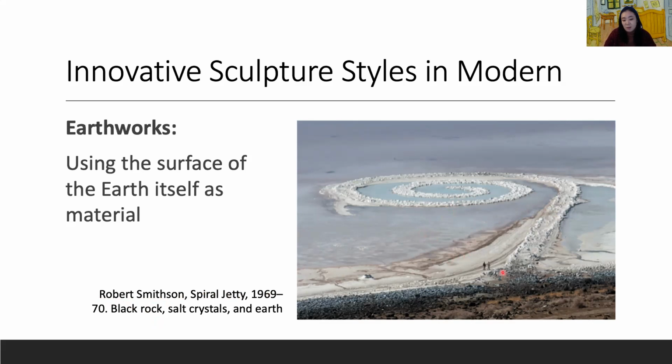Smithson chose a spiral shape naturally found in shells, crystals, and even galaxies. The coiled artwork was made by dumping 6,550 tons of rock and dirt from dump trucks, gradually paving a spiraling roadbed out into the Salt Lake.